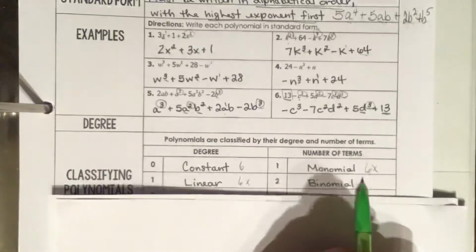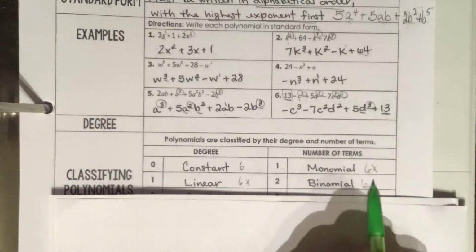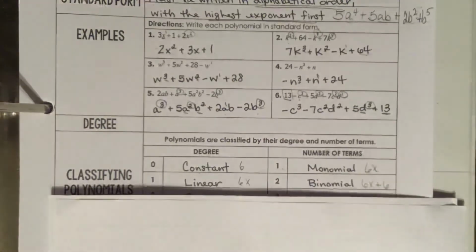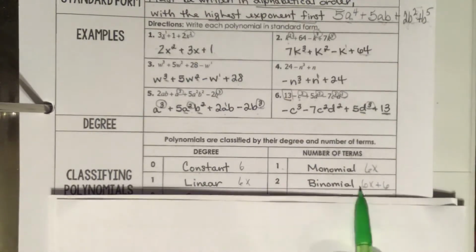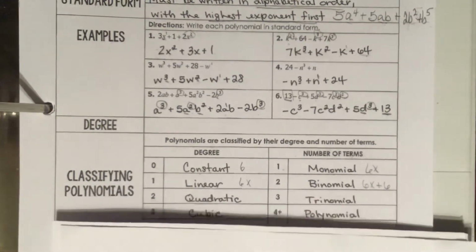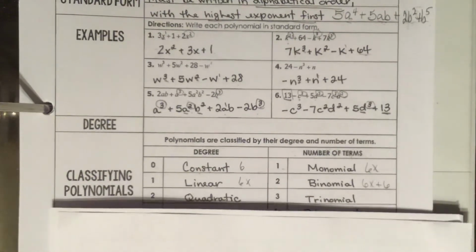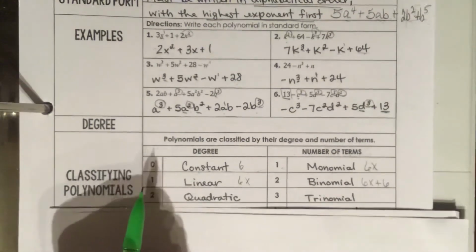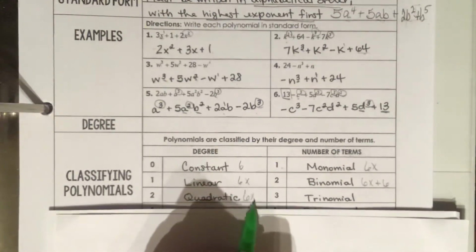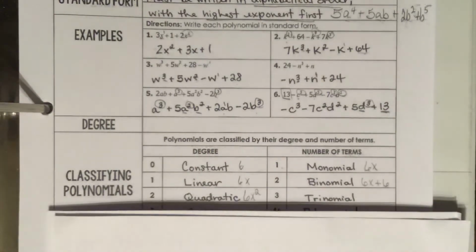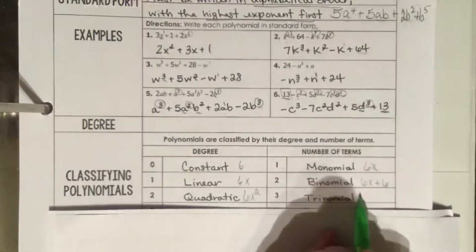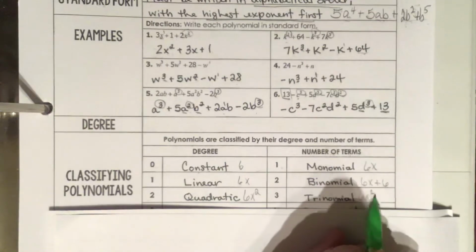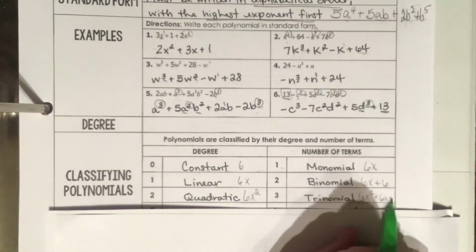A binomial is going to be 6x plus 6. You have 2 terms. That would be a binomial. A quadratic is when you have a squared. Okay? A trinomial is going to be where you have 6x squared plus 6x plus 6.